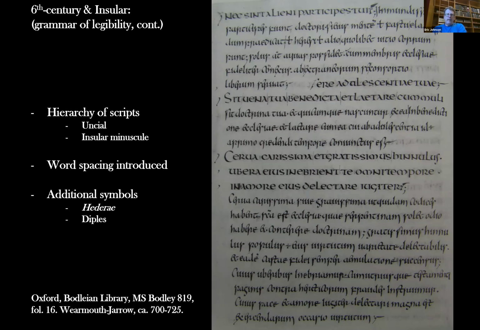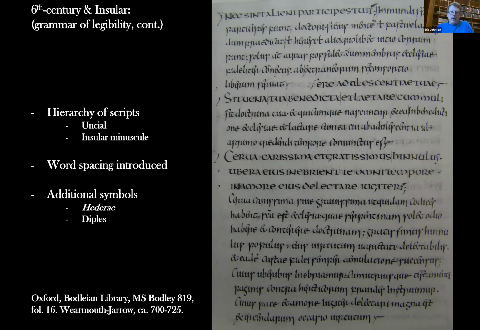We also have the imposition of what's called a hierarchy of scripts, where different script styles are incorporated on the same page in order to represent different kinds of writing. So here we have a number of symbols and script styles that are working together to help tell the reader what's going on.